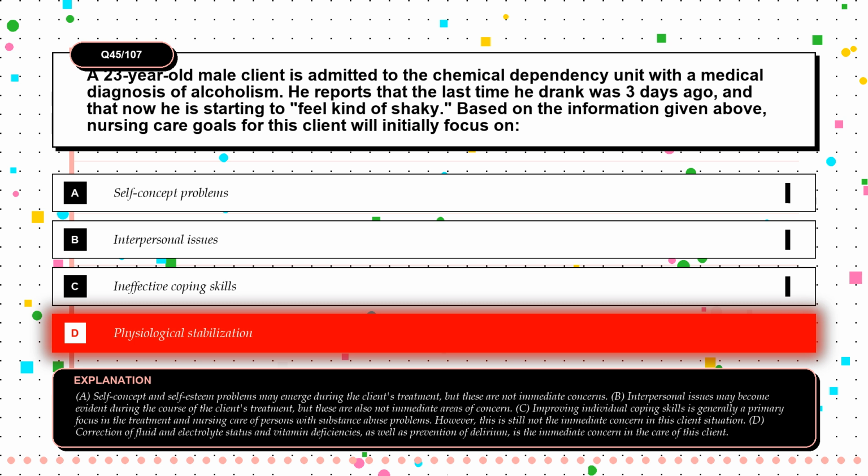C. Improving individual coping skills is generally a primary focus in the treatment and nursing care of persons with substance abuse problems. However, this is still not the immediate concern in this client's situation. D. Correction of fluid and electrolyte status and vitamin deficiencies, as well as prevention of delirium, is the immediate concern in the care of this client.